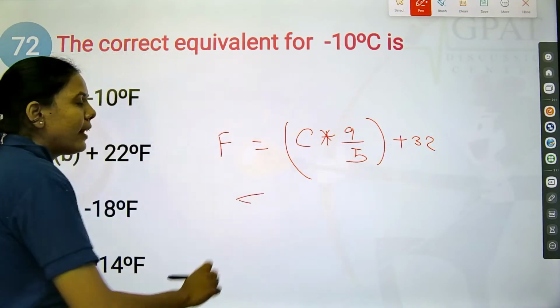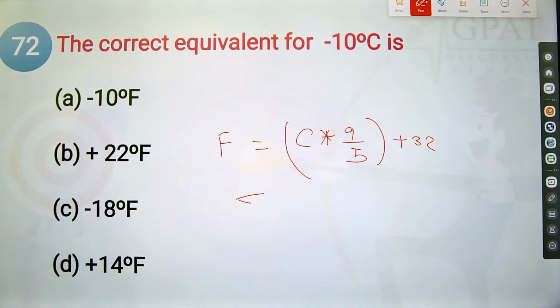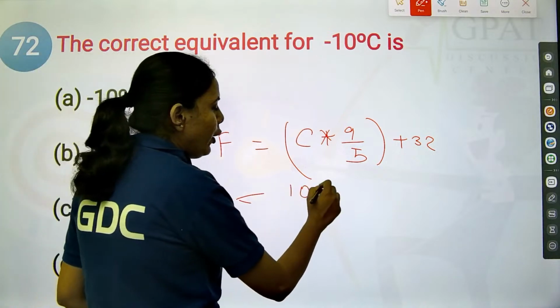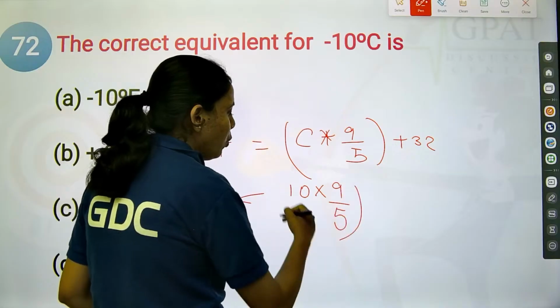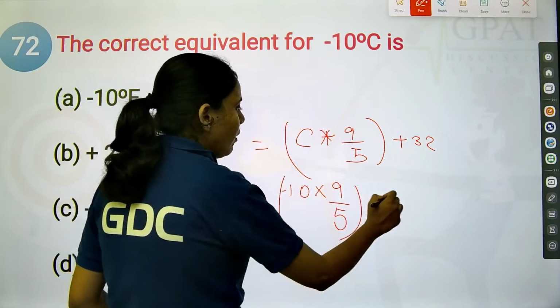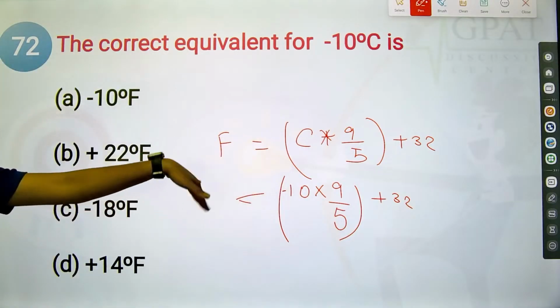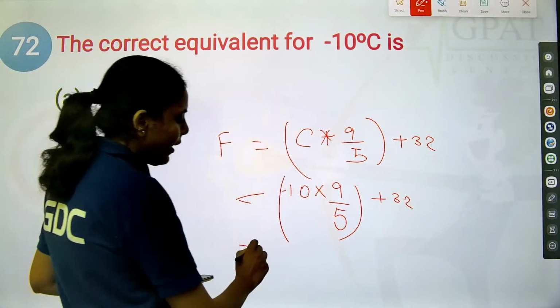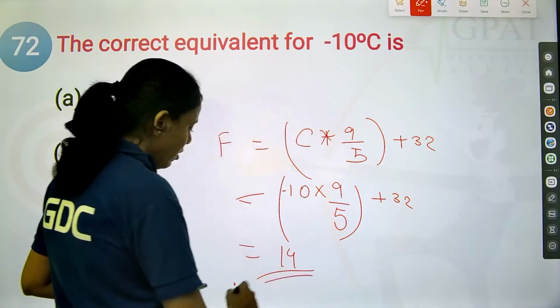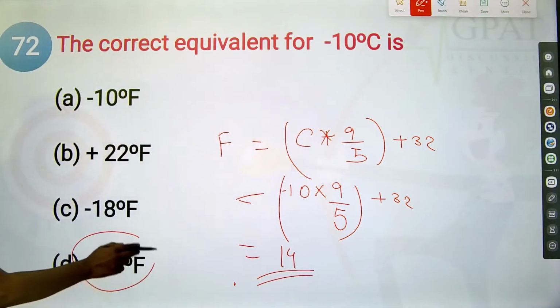What is given? Degree Celsius is minus 10. So minus 10 into 9 by 5 is minus 18, plus 32, you will get plus 14 degree Fahrenheit.